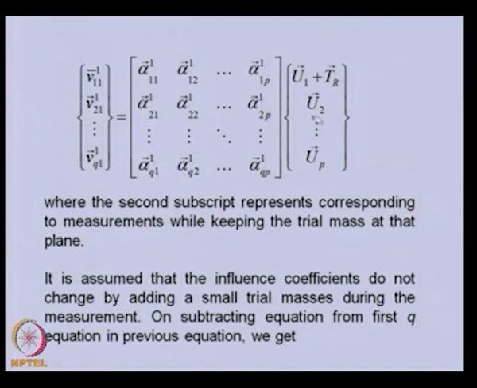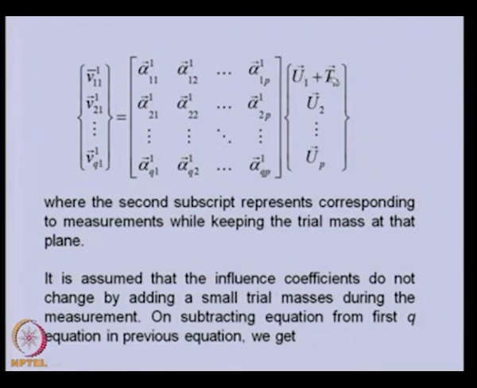So, these are residual unbalance which we do not know, we want to find out these, but the procedure which I am explaining here is to obtain the influence coefficient first. If we can get this from the previous equation, we can get these unbalanced responses, these residual responses. So, this trial mass we know magnitude and orientation of that.